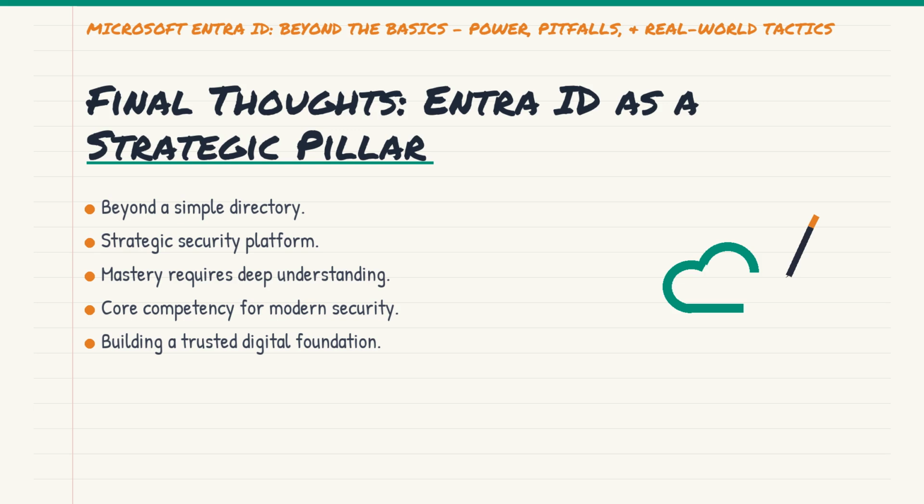However, its complexity and licensing nuances mean it's not a set-it-and-forget-it solution. Understanding its architecture, protocols, and potential pitfalls is vital. For those embracing the Microsoft ecosystem, mastering Entra ID is no longer optional, it's a core competency for modern cybersecurity. It's about building that trusted foundation for everything else.